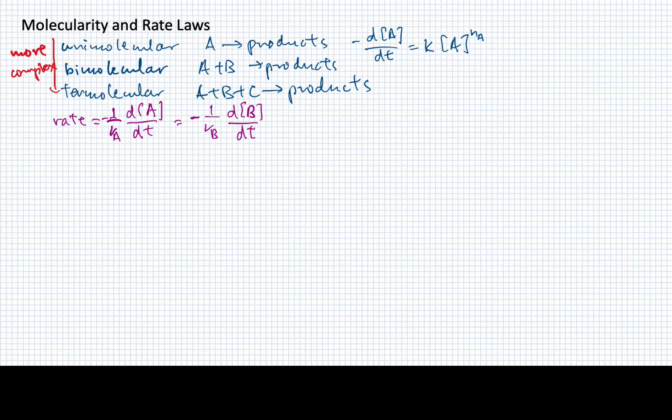These two expressions are equivalent, and so we can associate them consistently with a rate. We could also extend this to products. For example, if C were a product, it would be the positive derivative of C with respect to t divided by its stoichiometric coefficient. So this gives us a consistent definition for the rate. And with this consistent definition, we can begin to anchor our whole study of the rate of chemical reactions.